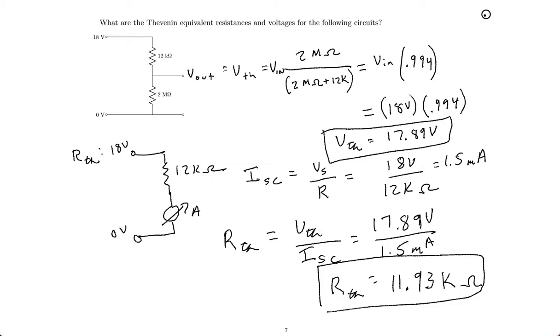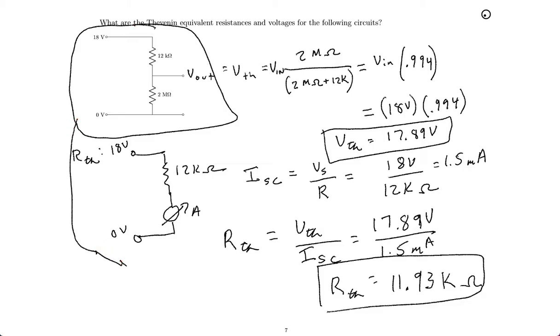It means that I could replace this entire circuit diagram with an equivalent circuit that looks like a Thevenin voltage of 17.89 volts and a single resistor in series of R TH and a ground at 0 volts.